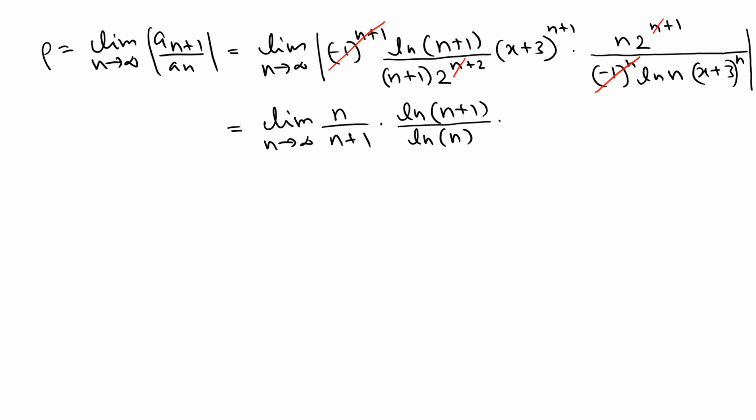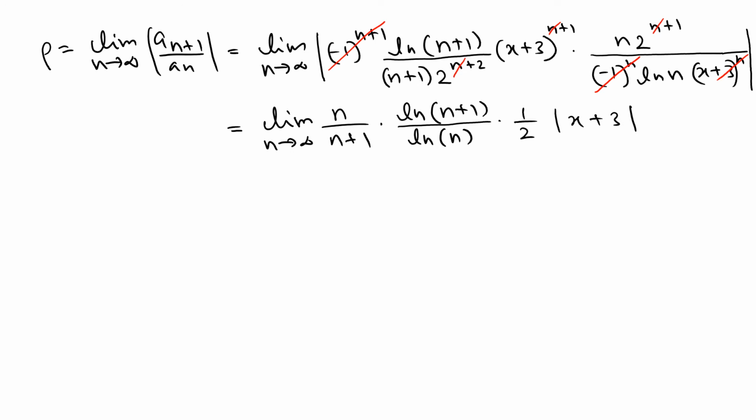We have 2 to the 1 on top, 2 to the 2 in the bottom, so you only get 1/2. And then the (x plus 3) terms: you have the n-th powers, you can cancel, so you only get one of them, the absolute value of x plus 3. So that's what you get.